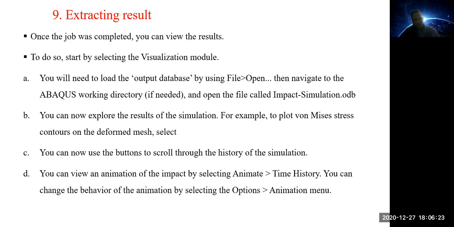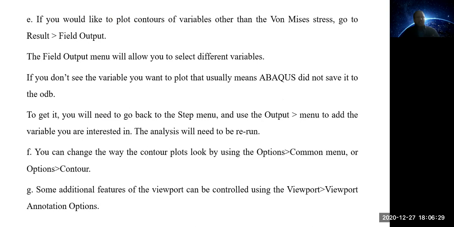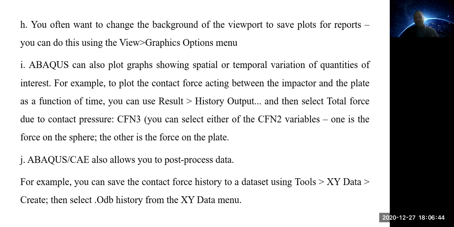We can view the animation of the impact by selecting animation time history. Again, one can plot contours of variables such as von Mises stress. So many things are there.